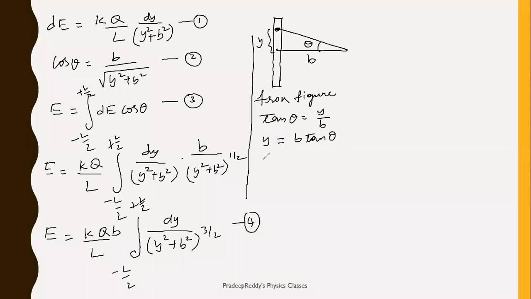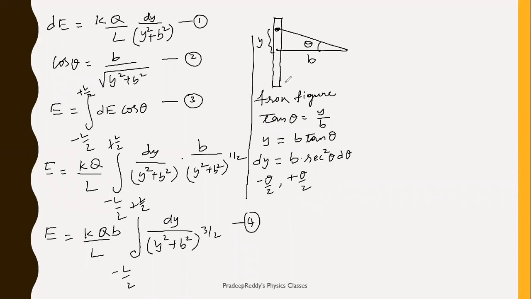Okay. Now what is dy written as? Dy can be written as b into the differentiation of tan theta, which is secant square theta d theta. Now here this y should be replaced with b tan theta, dy should be replaced with b secant square theta d theta, and the limits of minus L by 2 to plus L by 2, I will be representing with limits from minus theta by 2 to plus theta by 2.